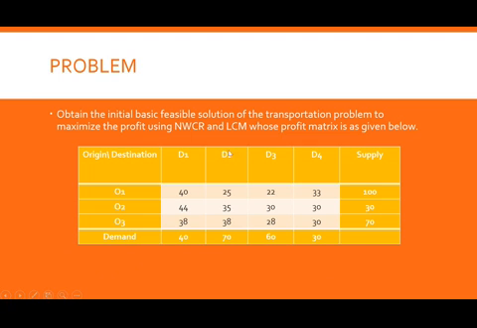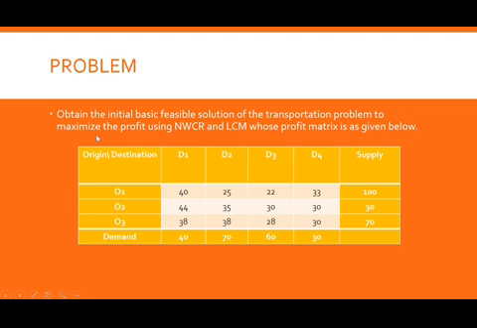So we take a problem: obtain the initial basic feasible solution of the transportation problem to maximize the profit using NWCR and LCM. So I will be solving this problem for IBFS using both NWCR and LCM, and whose profit matrix is as given below.